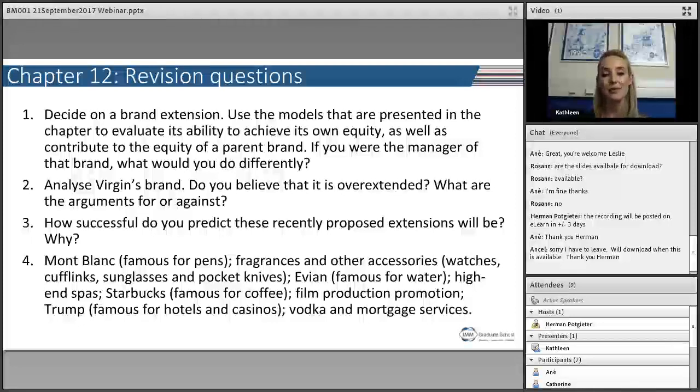We can look at customer evaluation, the effect on the parent brand, and we can also look at extensions that have been successful and those that are unsuccessful, and do a little analysis of why. So if you are looking for a good example to practice applying the theory of Chapter 12, Coca-Cola is definitely a good company to look at.